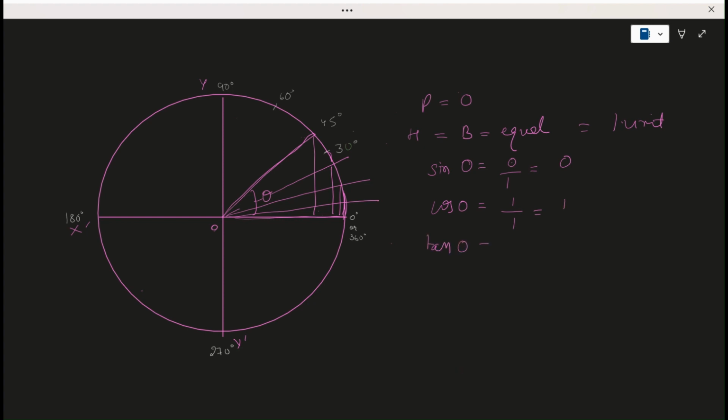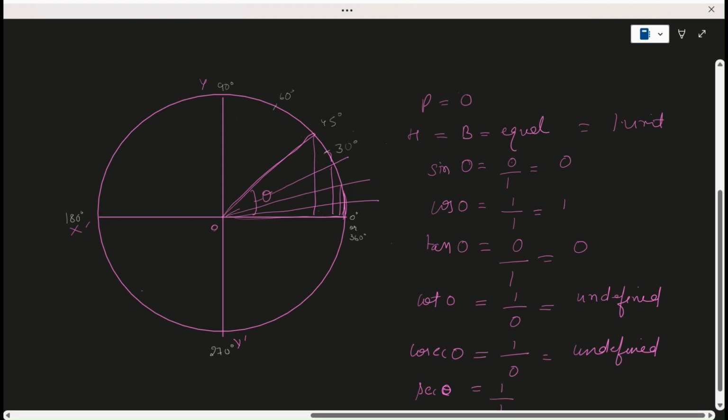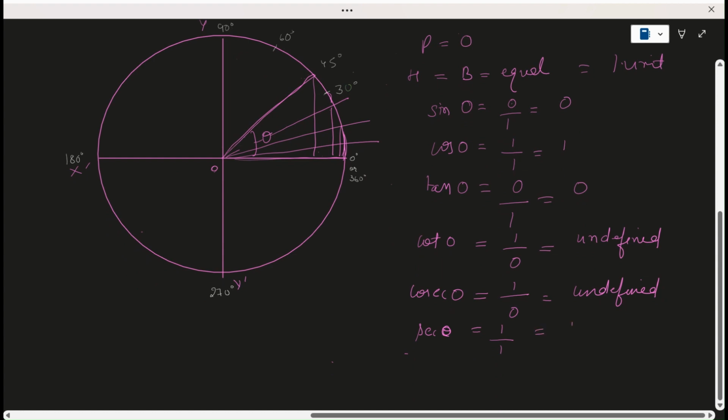Tan 0, that is perpendicular upon base, that will be 0. Cot 0, that will be 1 upon 0, that is undefined. Cosecant 0, that will be 1 upon sine, that is again undefined. Sorry, we are left with the secant, so secant 0 is again 1 upon cos, that will be 1.